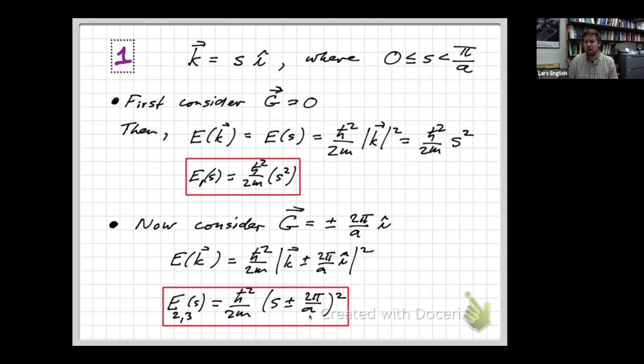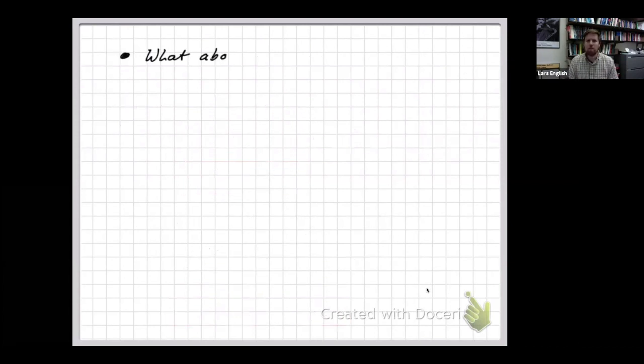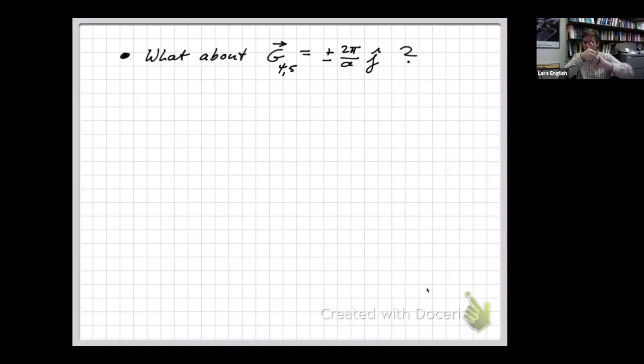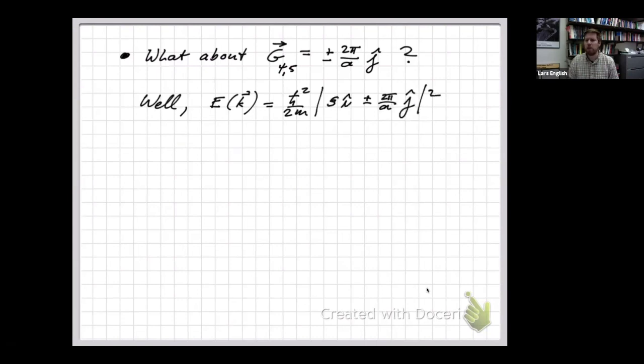Okay, so that'll be two additional formulas for energy bands. So now, why stop there? We can keep going. Now the next reciprocal lattice vectors that come to your mind are plus minus j, right? The ones that point up and down. So how would they be handled here? Well, in a very similar fashion, but now we have i hat here and a j hat there.